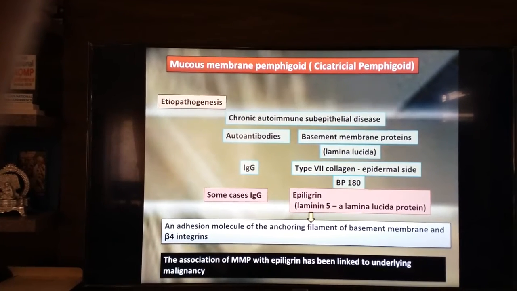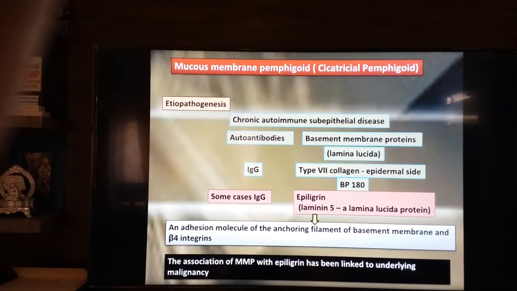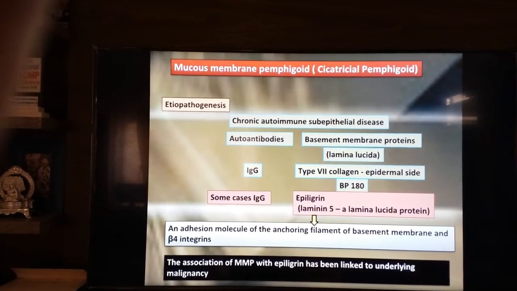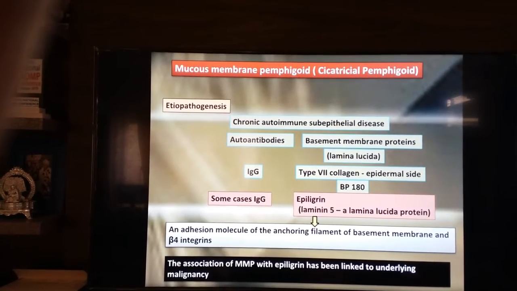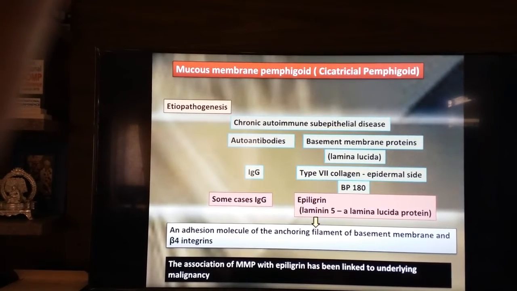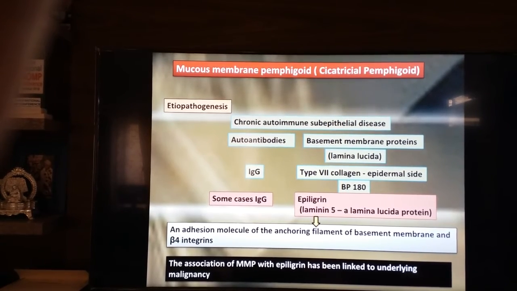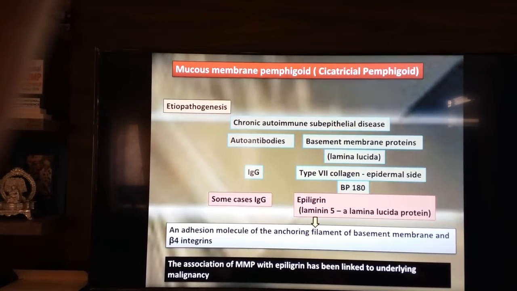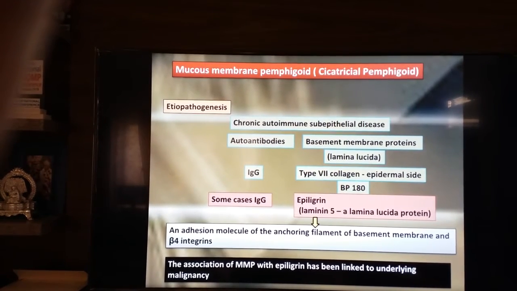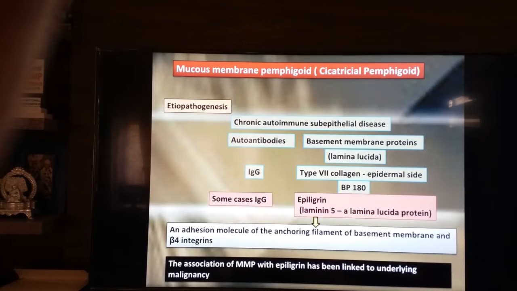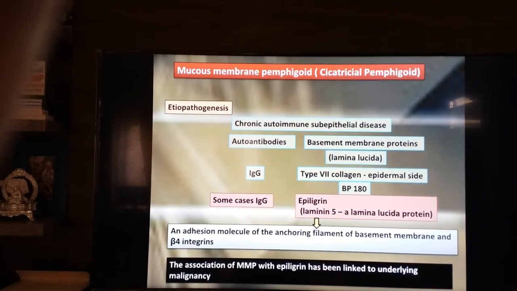Mucous membrane pemphigoid, or what's called cicatricial pemphigoid, is again an autoimmune condition where you will find autoantibodies formed against basement membrane proteins. There's a junction between the epithelium and the connective tissue called the lamina lucida, which is affected. You find that type 7 collagen, on the epidermal side, is affected, and there's usually BP180, and many times you see IgG.